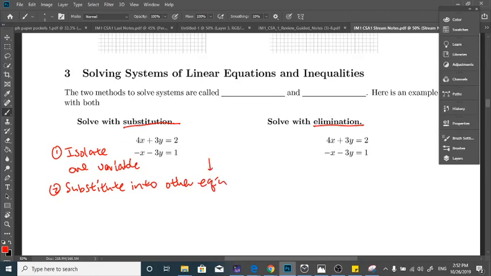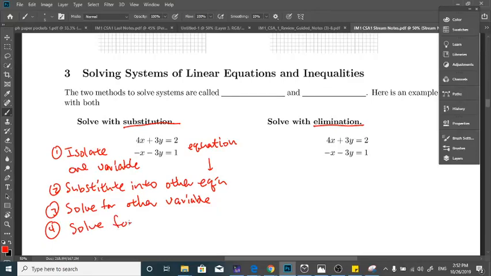Remember, this means equation. Solve for other variable, and then solve for initial variable.